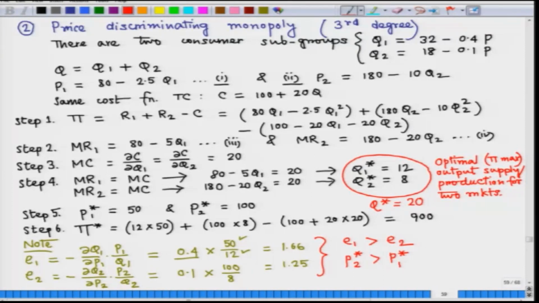Okay. So, with this numerical illustration we are done with our discussion on monopoly models. We have seen so far two extremes: on one side a large number of sellers, that is the perfectly competitive market model, and the other extreme, the monopoly model, where we have only one seller.